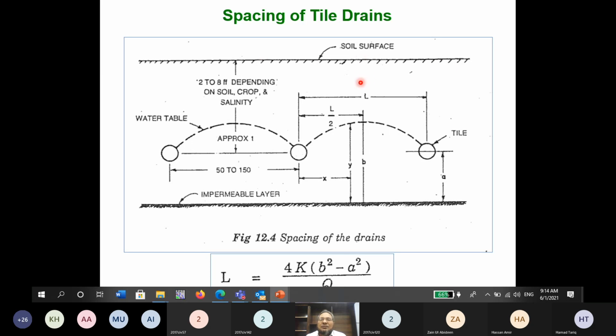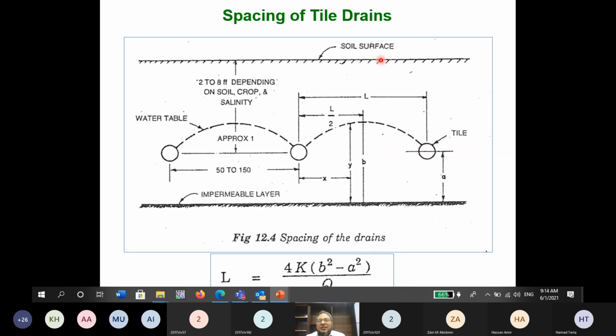So it means the peak apex of this water table should lower down by 3 feet. And now we can assume that this central rise of the parabola is 1 foot, and accordingly we can compute the A and B.